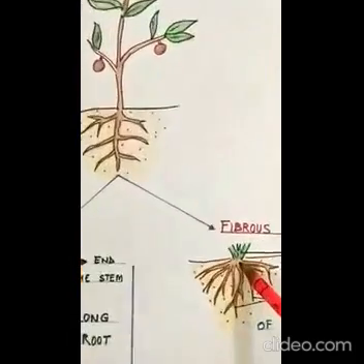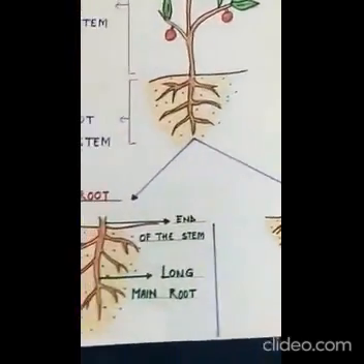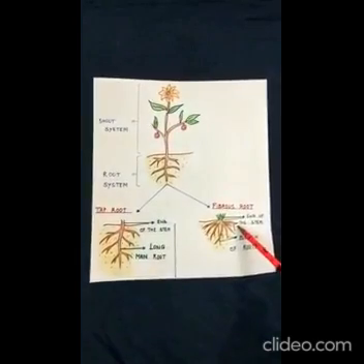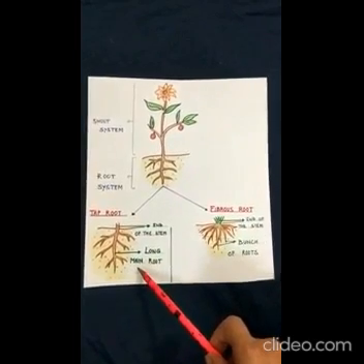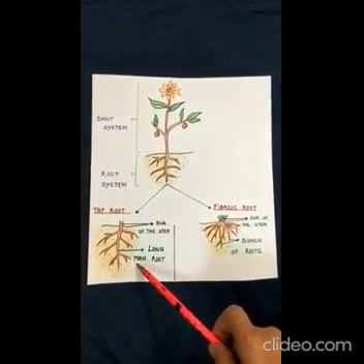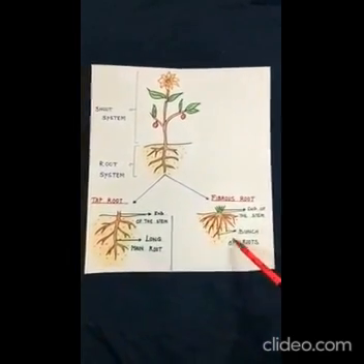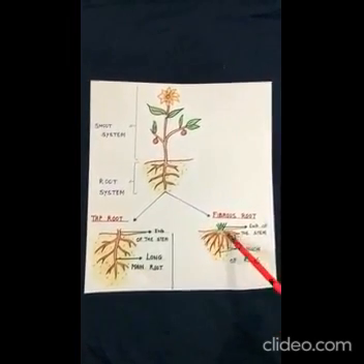Fibrous root does not go deep into the soil. It looks like a bunch of roots. Mostly big trees have taproots, and mostly small plants, herbs, they have fibrous root.